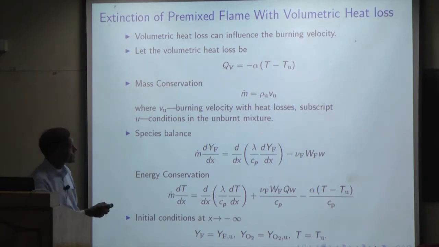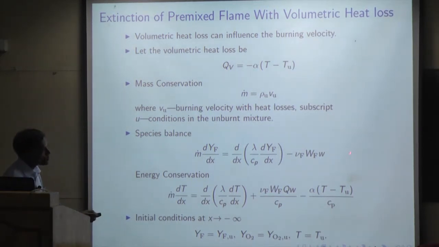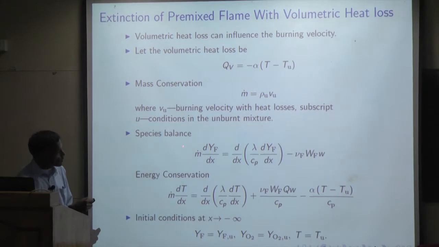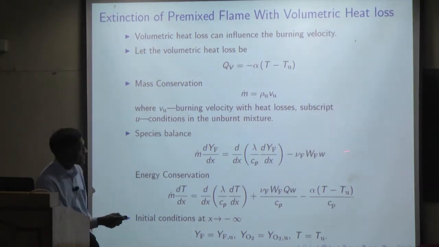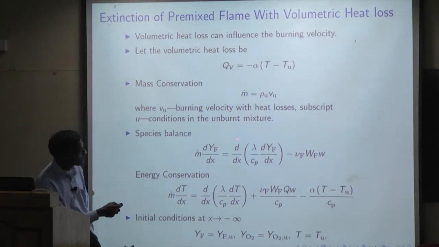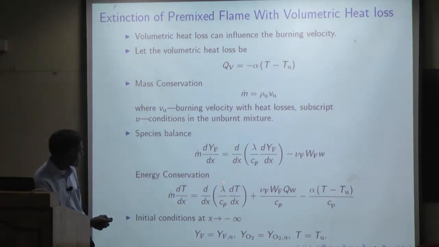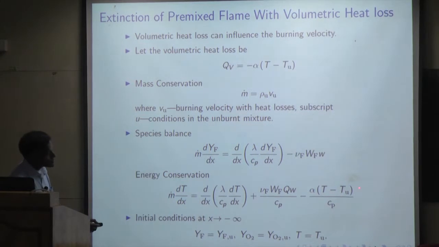So now we go back, we can write the species balance equation. The equation for YF does not change because it's exactly what it is for an adiabatic flame, okay? Whereas in the energy conservation equation, there's an additional term here. So this is what I had yesterday, what's here in this box.